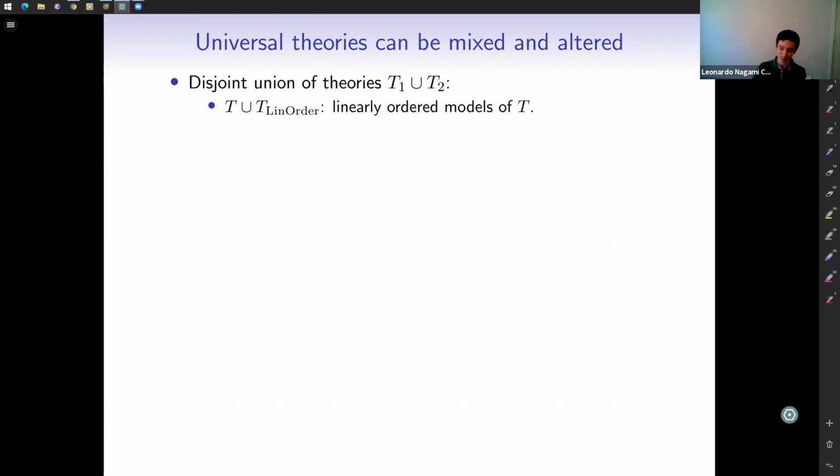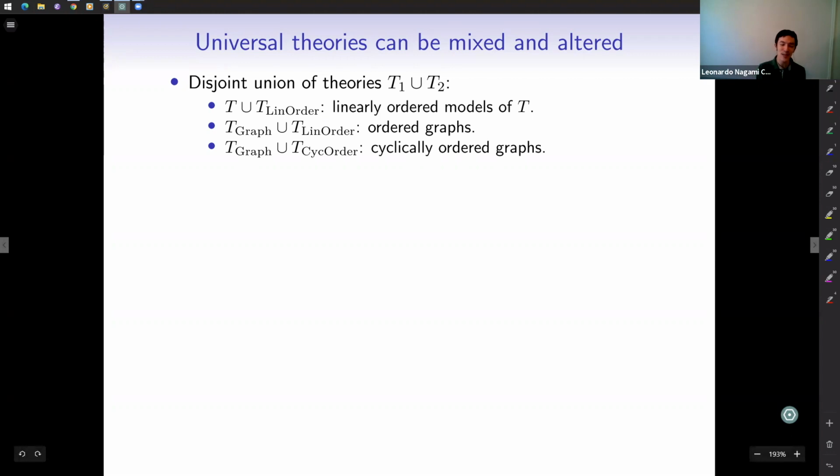Now, you can see why that's going to be useful for us, because if T in particular is the theory of graphs, what I'm talking about here is the theory of ordered graphs. And if instead of the theory of orders I take a union with, say, the cyclic order, that's the theory of cyclically ordered graphs. So you can see why this sort of operation is going to be useful for us.